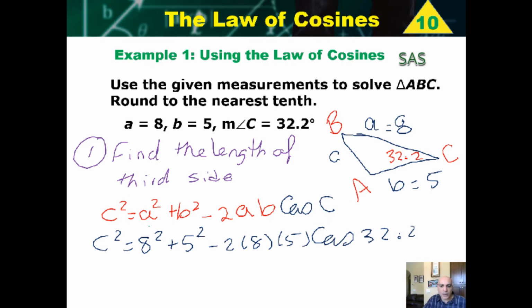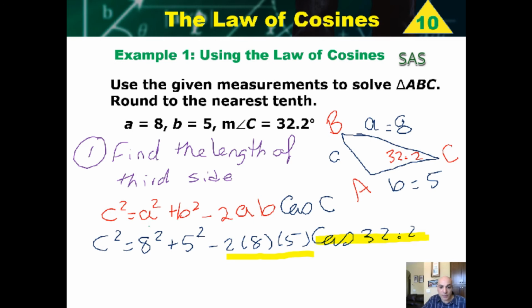Some calculators are smart enough to understand this whole string in one shot. Some don't. So you probably want to start with this first. I'm sorry, let's go back here and erase that. Maybe with this side first, which is the cosine. Maybe you want to find this first, and then multiply it by these, and then subtract it from this here. It just depends on the calculator.